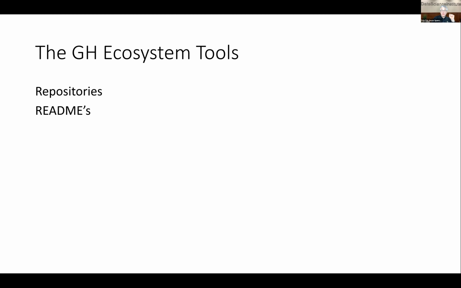Another part of the ecosystem is a README. It's just a file in the repository that tells you all about a project. There are issues. Issues are just notes that you make. They're kind of structured notes, but they're notes about ideas that you want to do later, work that needs to be done, problems that need to be fixed. Anything that needs to be done gets written into what's called an issue.